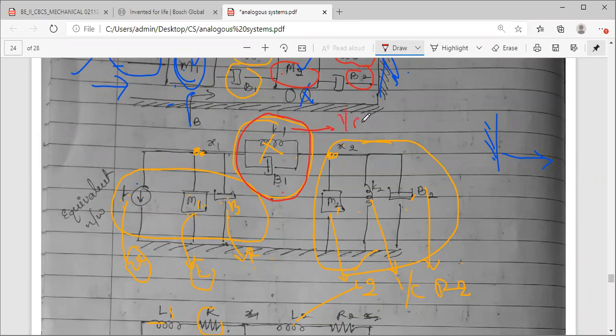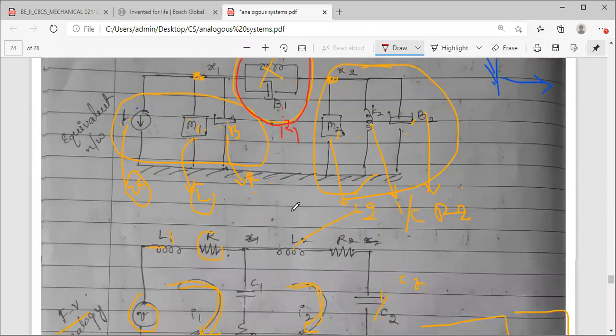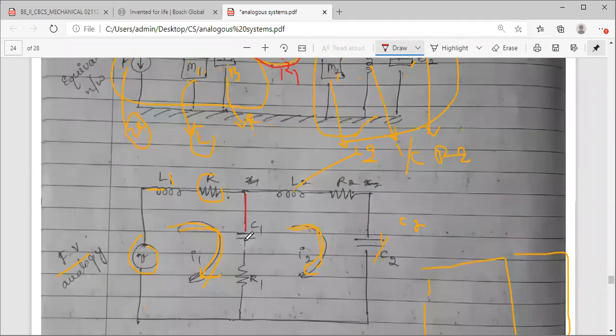So 1 by C1. For B it is resistance, so that is R1. So equivalent values are 1 by C1 and R. However, here they are connected in parallel. I have to just simply take the series. That's it. Commonly shared elements between two loops in between.